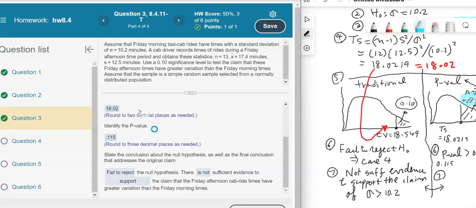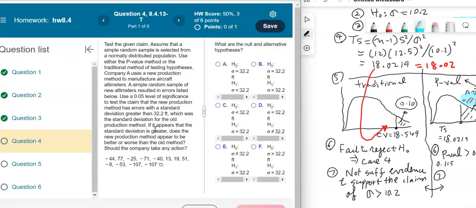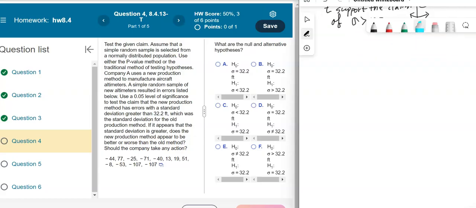All right, that was question number 3. Now let's do question number 4. Test the given claim. Assume that a simple random sample is from a normally distributed population. Use either p-value or traditional. A company uses a new production method to manufacture an aircraft altimeter.